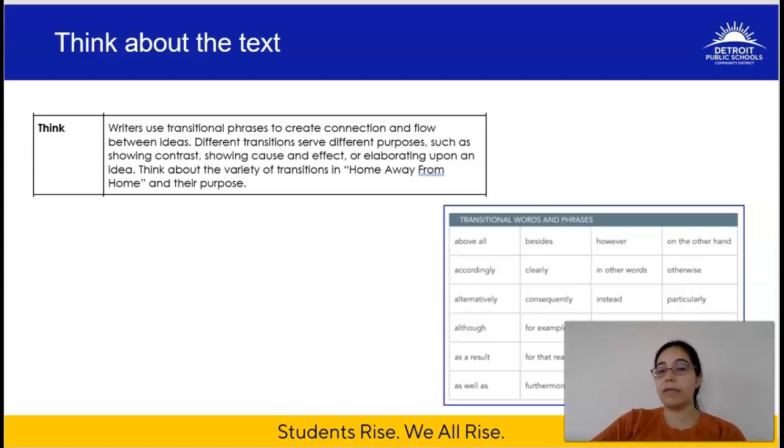So think about the variety of transitions in Home Away from Home and their particular purpose. So think about whether the author used some of the same ones over and over again, or whether there was some variety in what was used. And think about why certain words were used at certain times in the text.